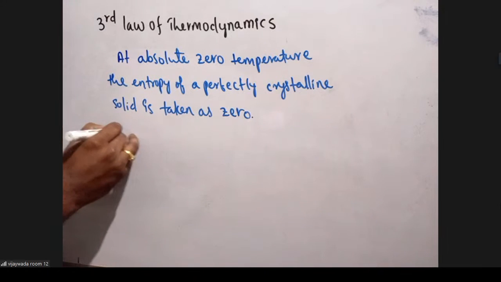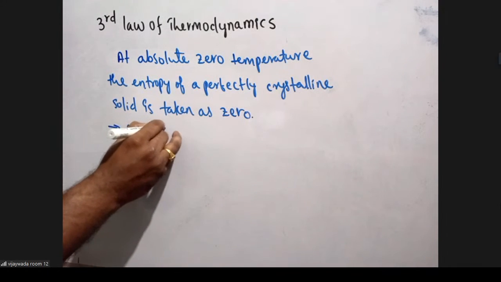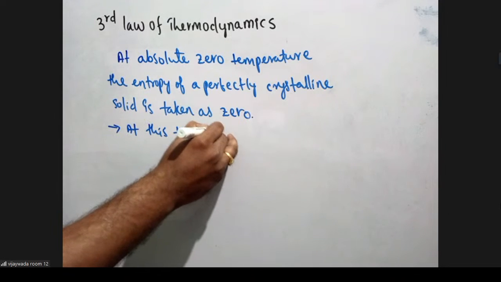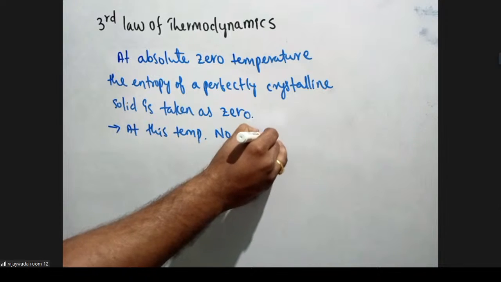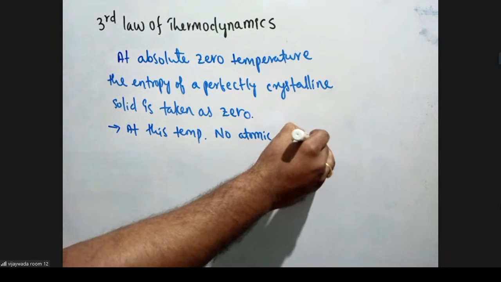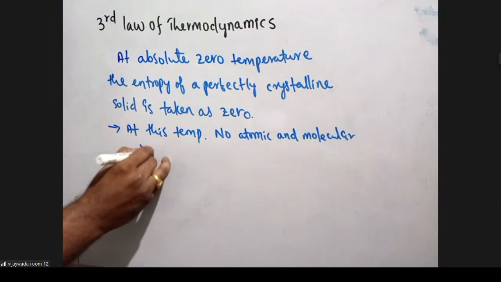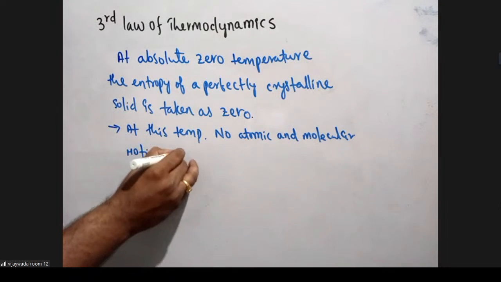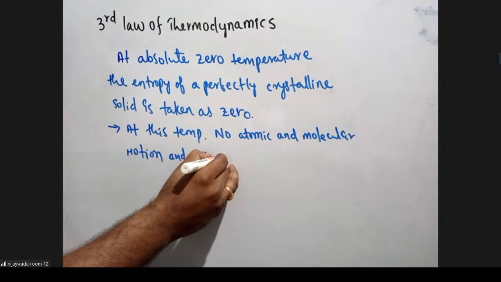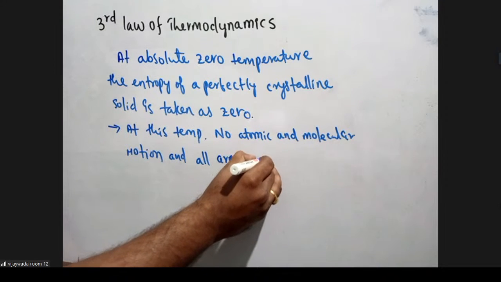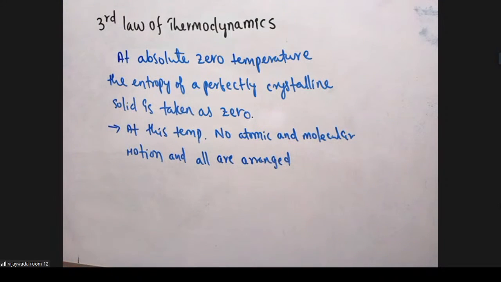So why zero? At this temperature, there is no atomic and molecular motion in the given system, and all molecules and all atoms are arranged, located in a particular location without any disturbance in the arrangement.